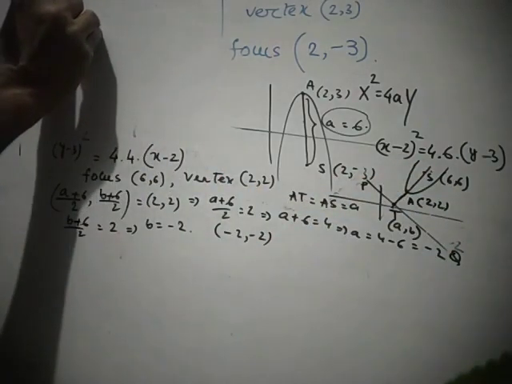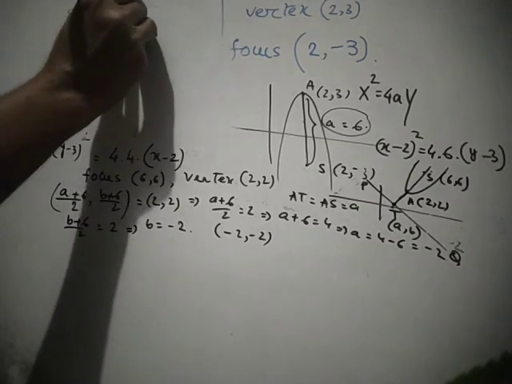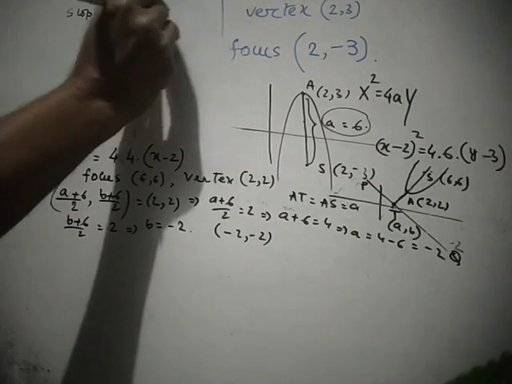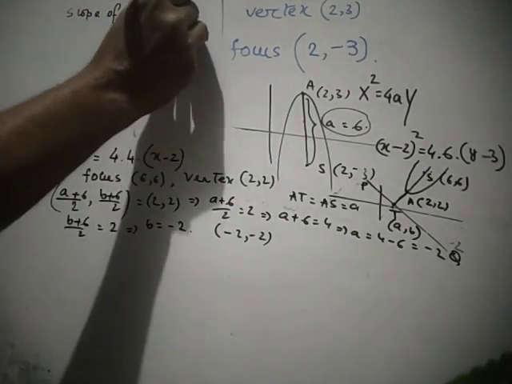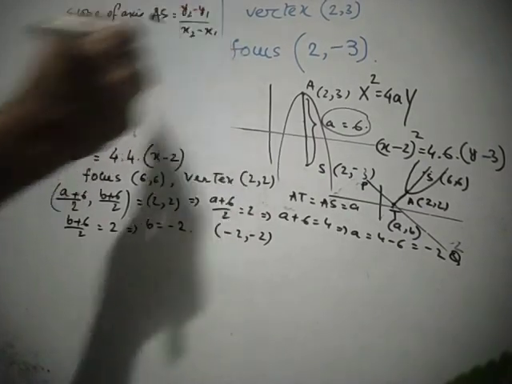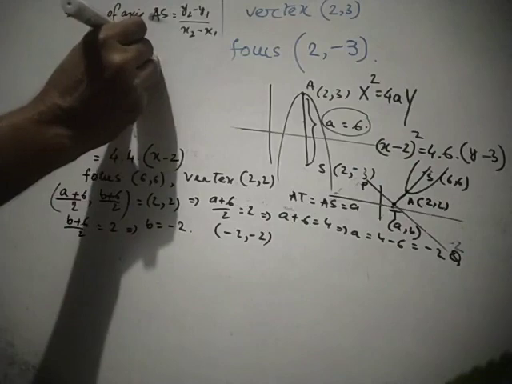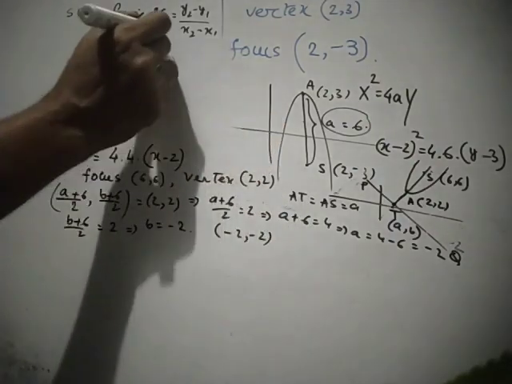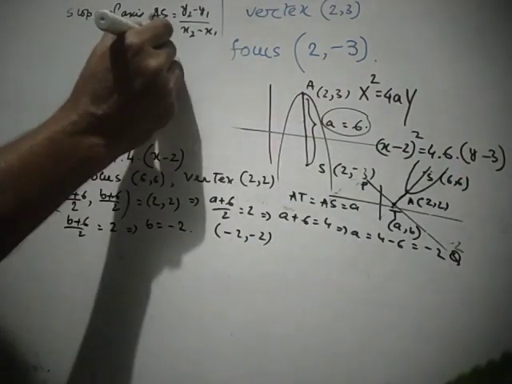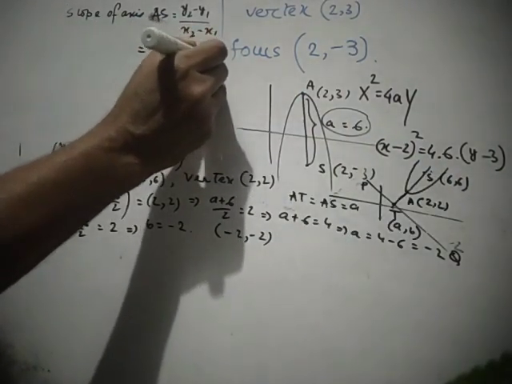So the slope of axis AS we can find out by this formula, y2 minus y1 by x2 minus x1. So y2 minus y1 by x2 minus x1: y2 is 6, 6 minus 2 by 6 minus 2, 4 by 4, 1.